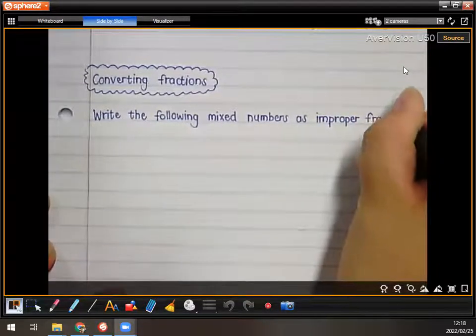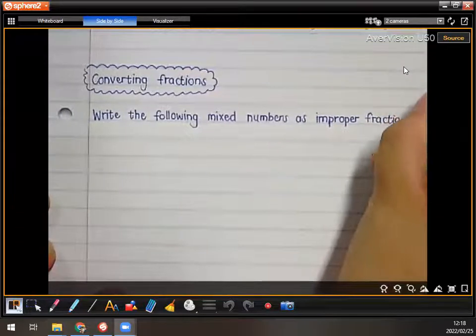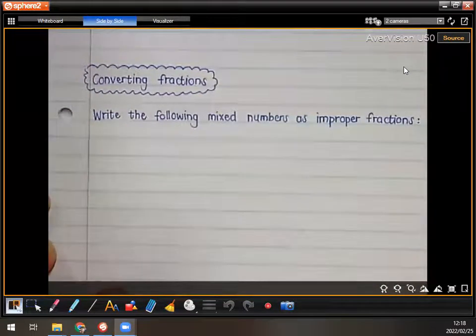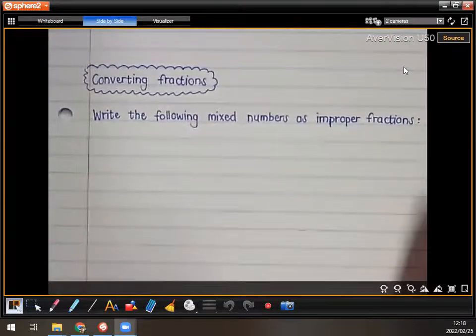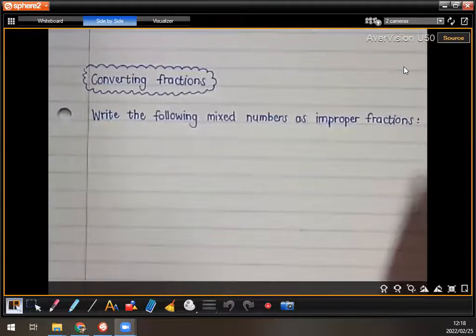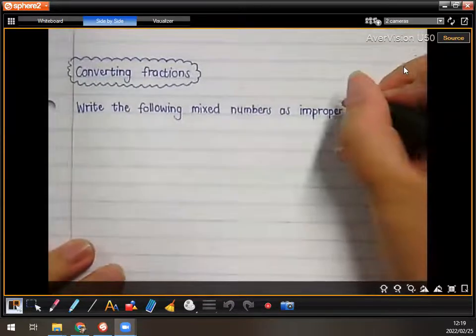Let's just first remember what is an improper fraction. Yes, thank you. The numerator is bigger than the denominator. So the number at the top is bigger than the number at the bottom. All right, let's just write that.